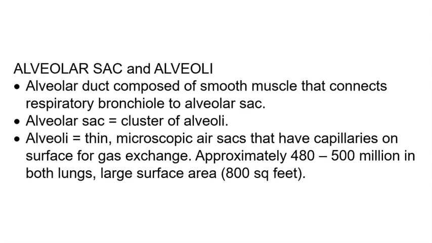Our lecture textbook, the OpenStax textbook, has the number from anywhere from 480 to 500 million alveoli in both of the lungs, which helps to create an enormous surface area for gas exchange, on the order of about 800 square feet or so in both of the lungs, because of the microscopic size and thinness of the alveoli.